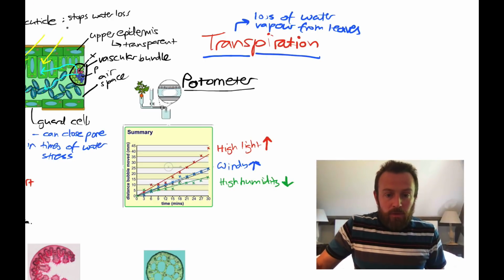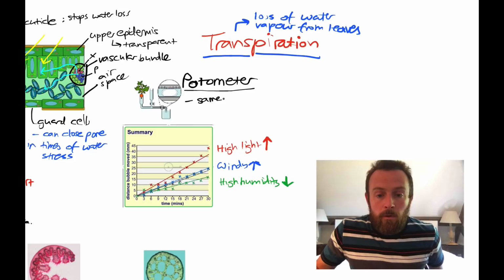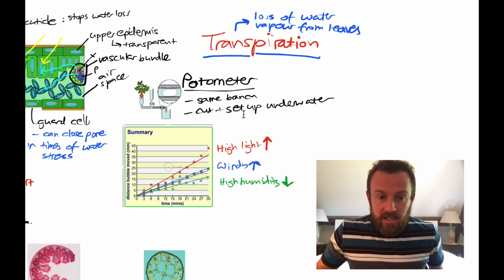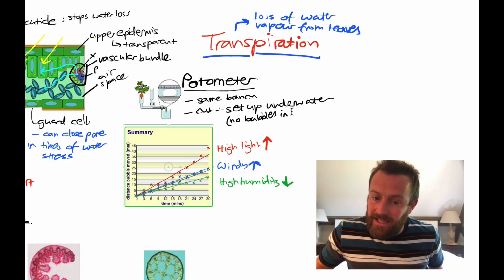Key facts about the potometer: we used the same branch, cut underwater, so let's say cut plus set up underwater. The reason for that was really so there are no bubbles in the xylem.